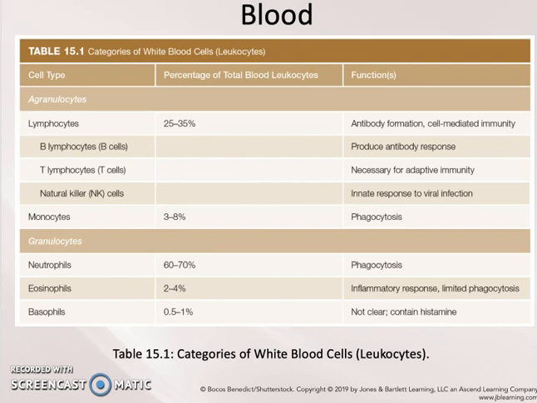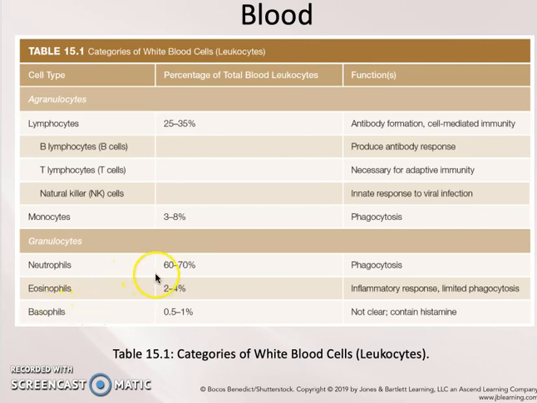Now, the innate defense mechanisms include phagocytes like monocytes and neutrophils. And remember, these phagocytes are involved in engulfing microbes, surrounding the microbes with the cytoplasm, and then destroying them. The eosinophils and basophils we'll be talking about in a moment work in slightly different ways.